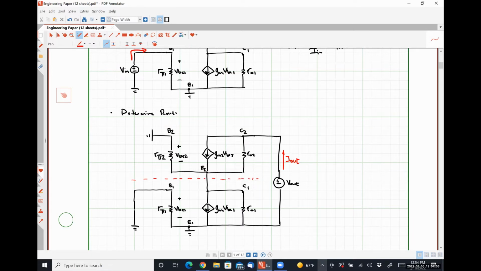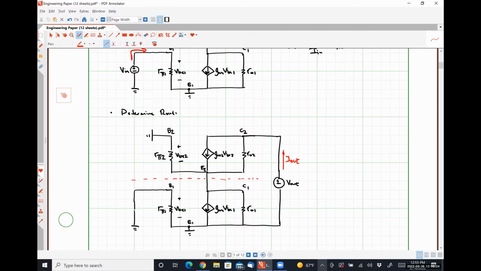But before we get around to doing that, I'll just dash line right here because this dash line represents stuff that's hard to figure out and stuff that's easy to figure out. So let's work on the easy portion first. What's VBE1? 0. So what is the resistance seen looking down to everything below the dashed red line?